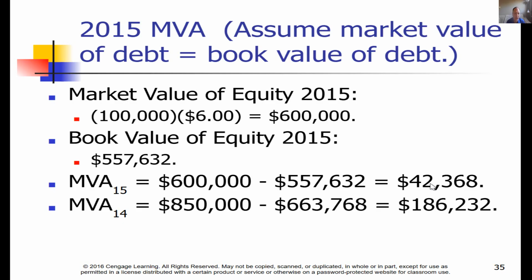So in 2015, the market value added is the 600,000 market value of equity minus the book value of equity, which gives you a market value added of 42,368, significantly down from the market value added in 2014 of 186,232.